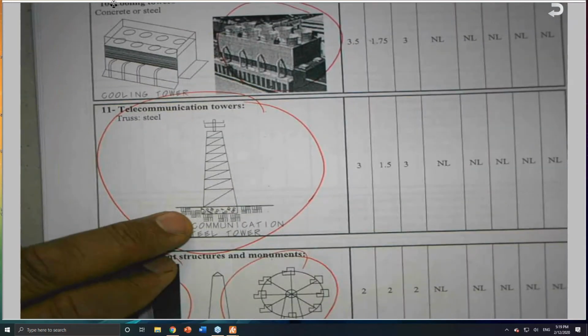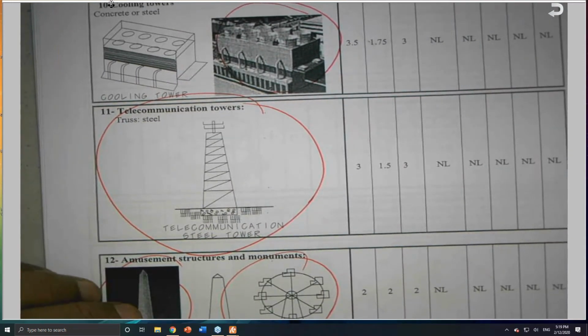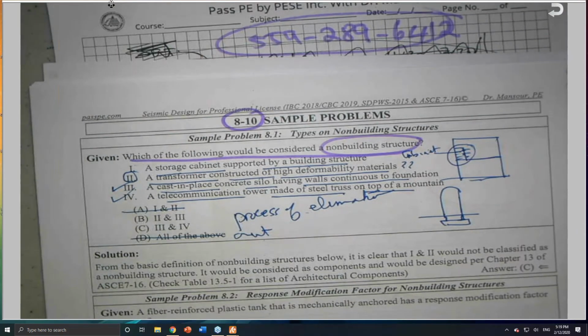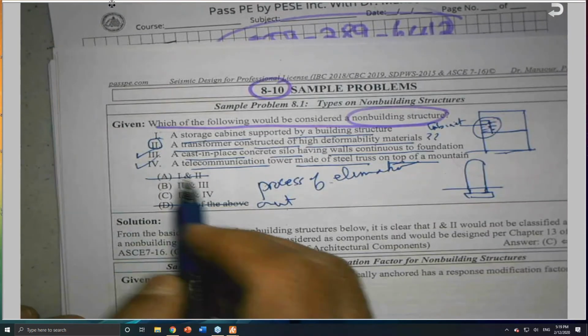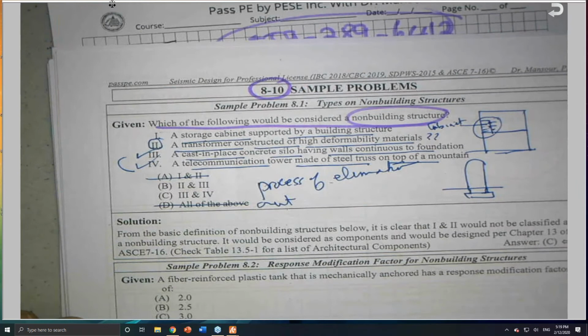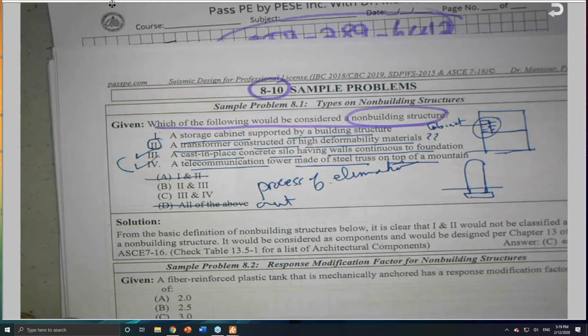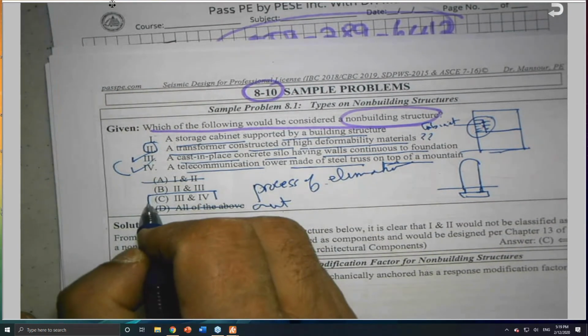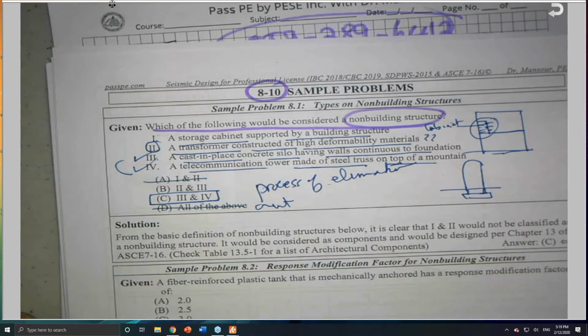These are the cell towers that you see. So this is a non-building structure, not similar to buildings. So for sure, number 3 and number 4 are non-building structures. And I have an answer C, number 3 and number 4.